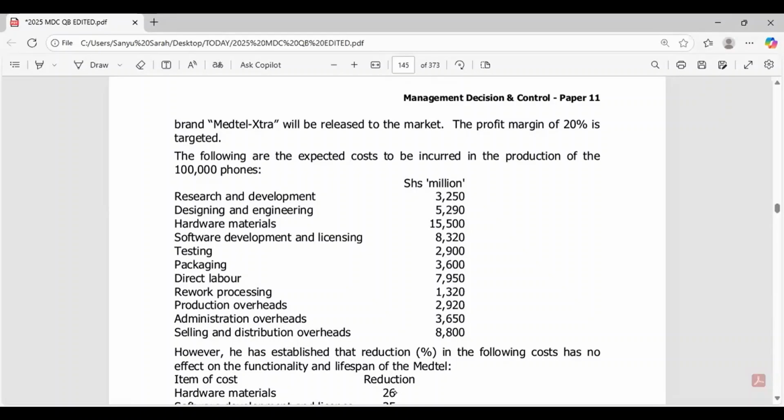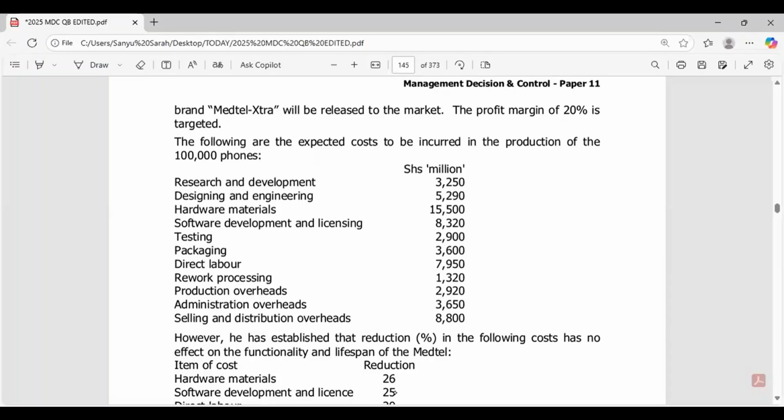That is reverse engineering. Reverse engineering is a method which you can use for cost reduction without affecting functionality. So we are going to come and we start with the reverse engineering.